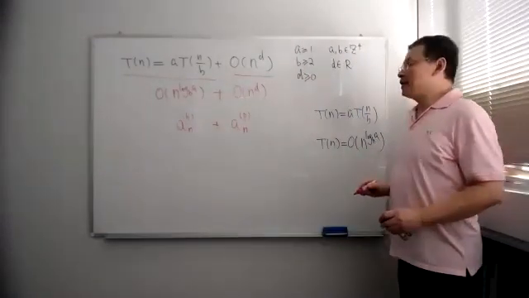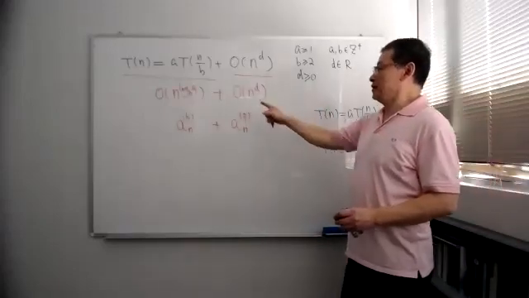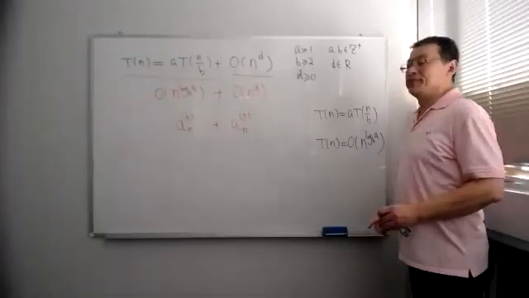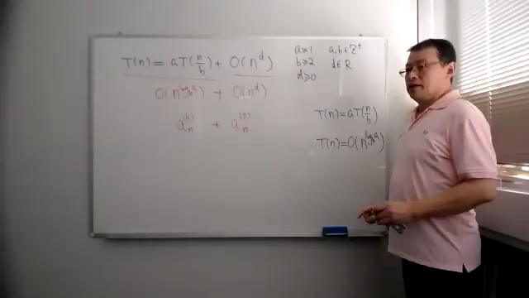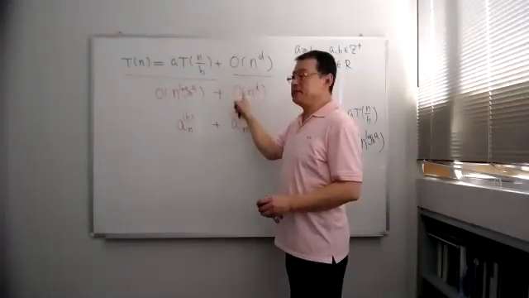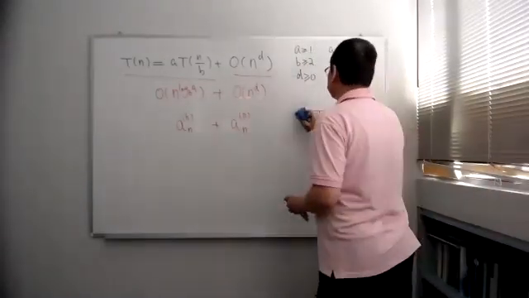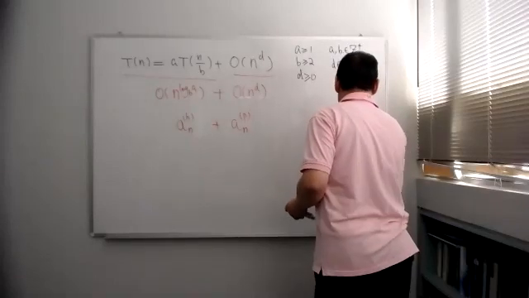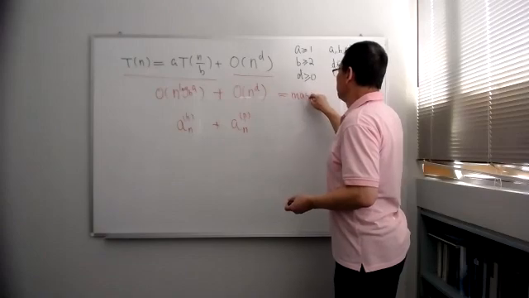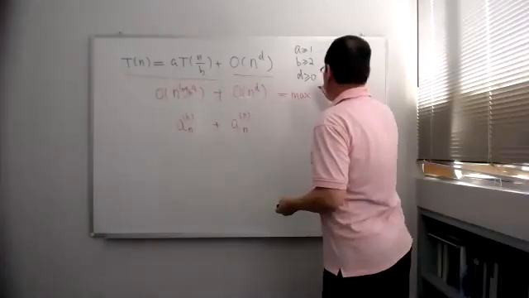The situation is very much like this one: the solution will be the summation of these two. Now, based on the property of Big O notation, the summation is the maximum of them. So this is the maximum of these two.